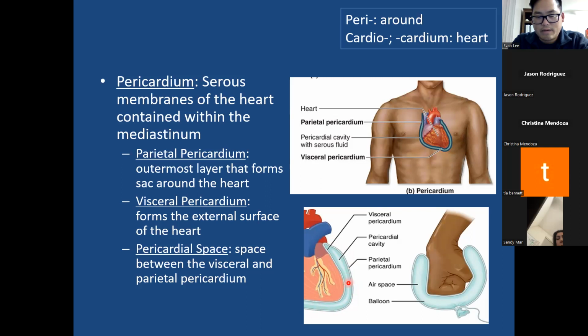Parietal pericardium is the outer layer. Visceral pericardium is the inner layer. But then you also have the space, which is the pericardial space, which has pericardial fluid inside of it. So basically, this is helping to cover the heart, but also hug the cavity as well.